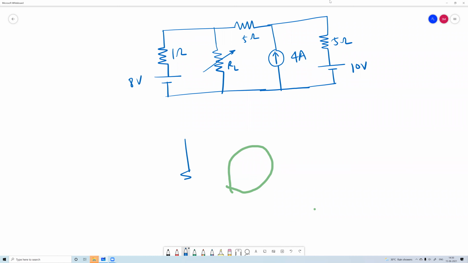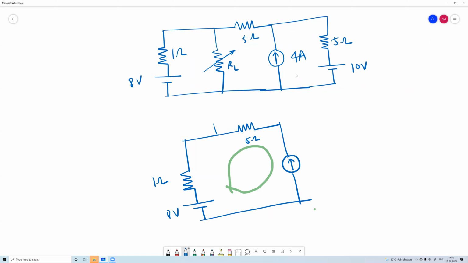We will open circuit the load. Okay, then you have to find the voltage between these two nodes.